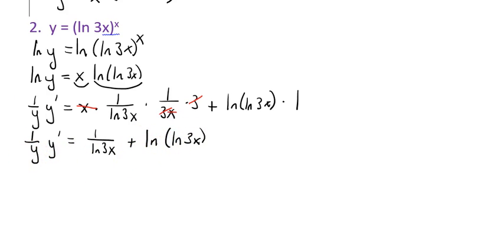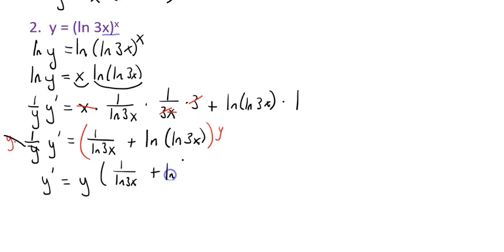Now, I'm going to multiply both sides by y again. And make sure you keep that whole right side in parentheses when you do that. And we should cancel those y's out, and that leaves me with y prime. And again, I like to put it in the front. And everything inside the parentheses is staying the same.